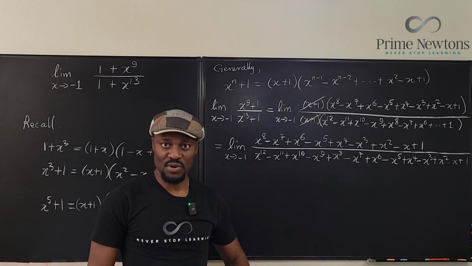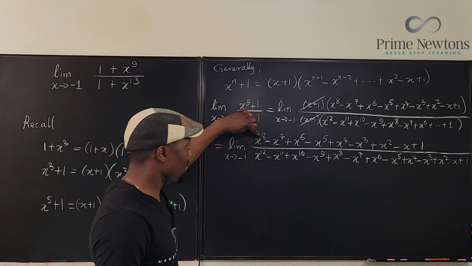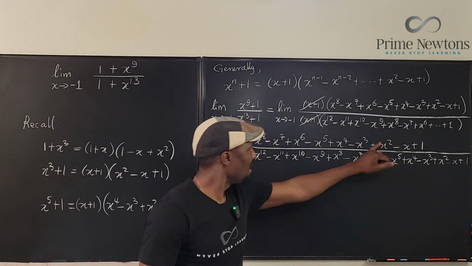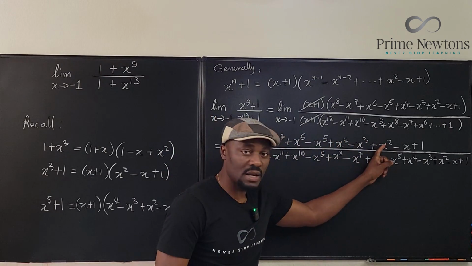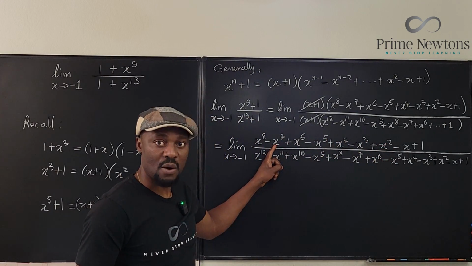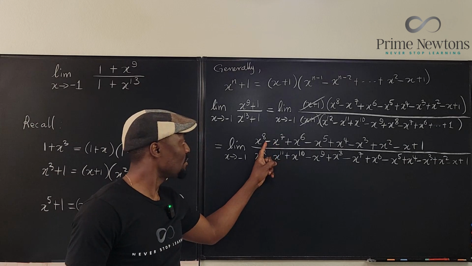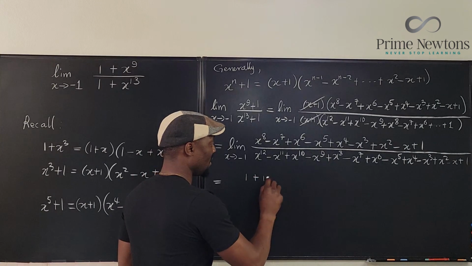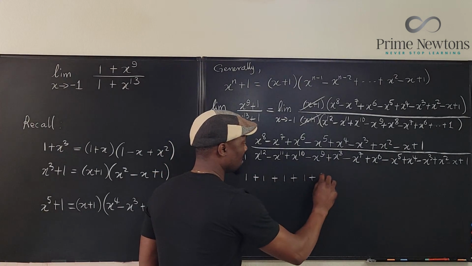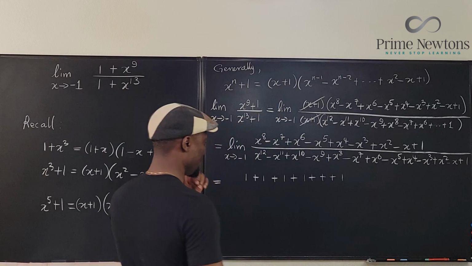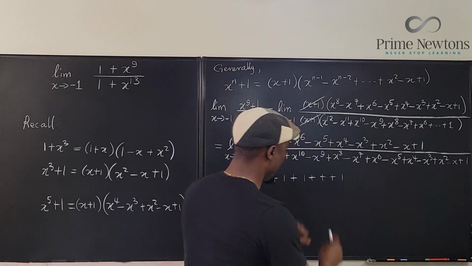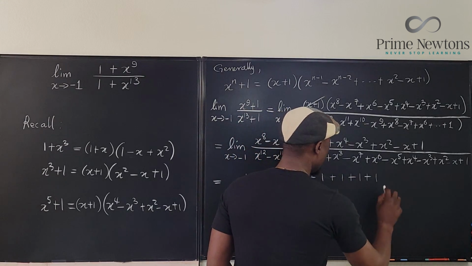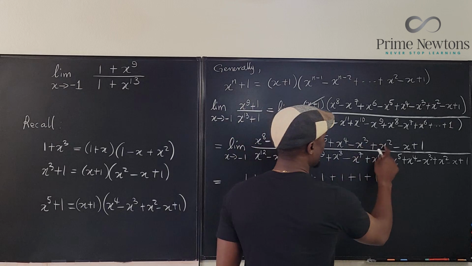Now we can plug in minus 1. Clearly, every time you plug in minus 1 into any of these even powers, you're going to get 1, 1, 1, 1. And when you plug in minus 1 into the odd powers, you get minus 1. But minus 1 times the minus sign is going to give you plus. So this is equal to 1 plus 1 plus 1 plus 1, and so on. 1, 2, 3, 4, 5, 6, 7, 8, 9.